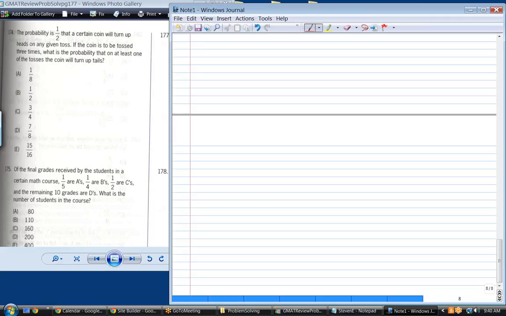Okay, so the probability each time is 1/2, 1/2, and 1/2. So I guess what's the probability of 3 heads?